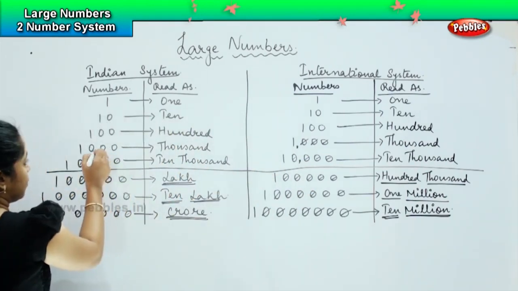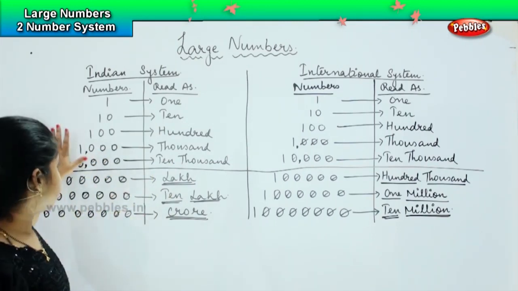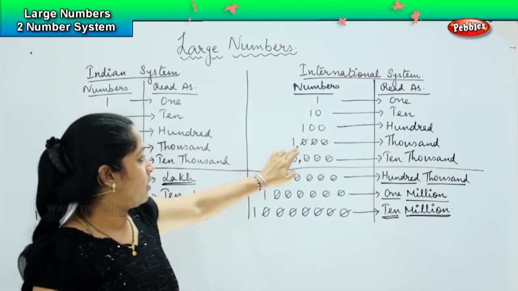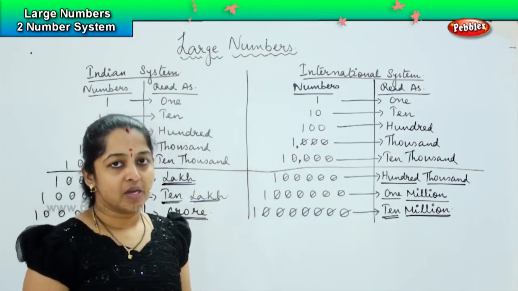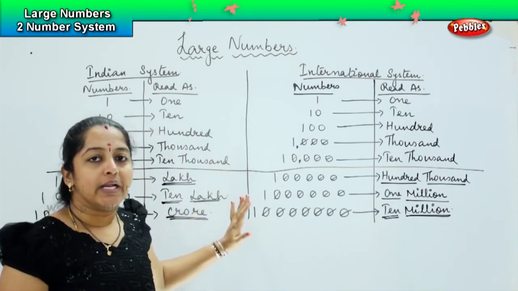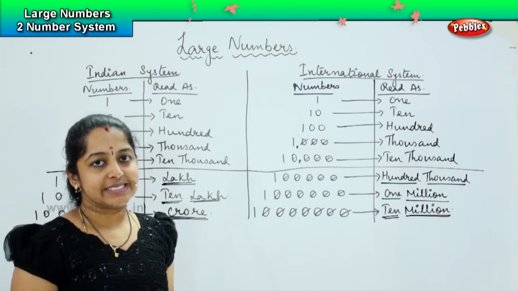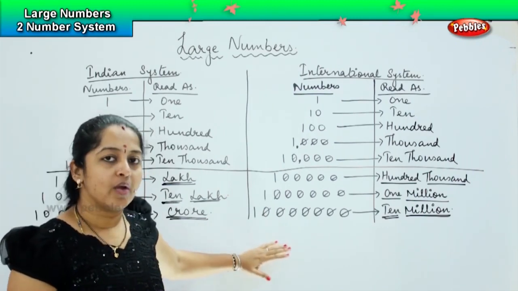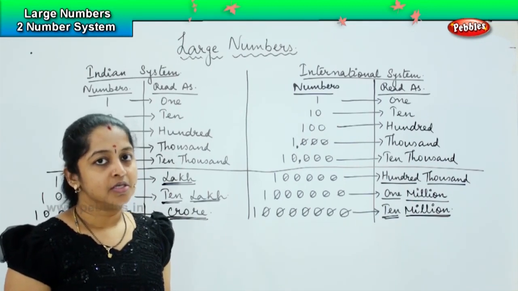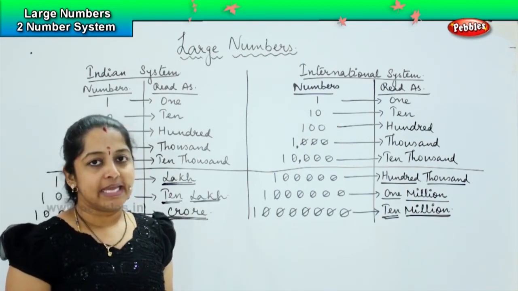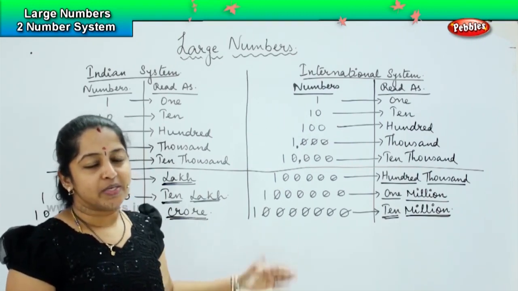So putting a comma will help me to identify the number more quickly. It will save time and it will also avoid mistakes in the number value. Clear? So now we will be seeing the importance of the comma and the place value which we have to follow.